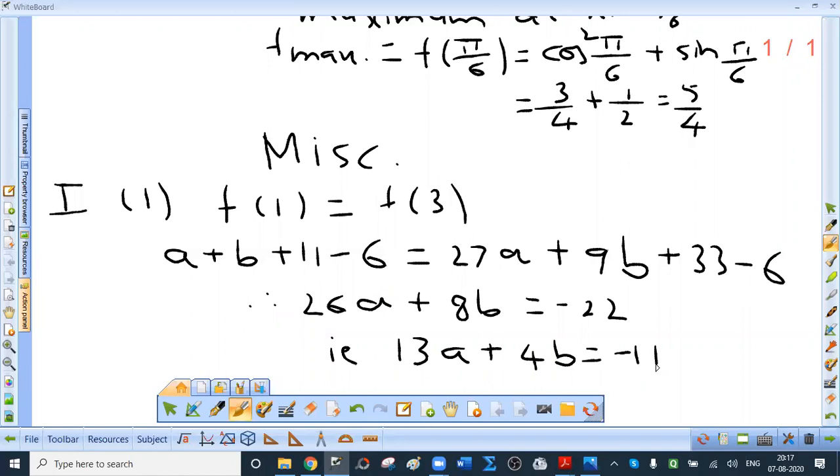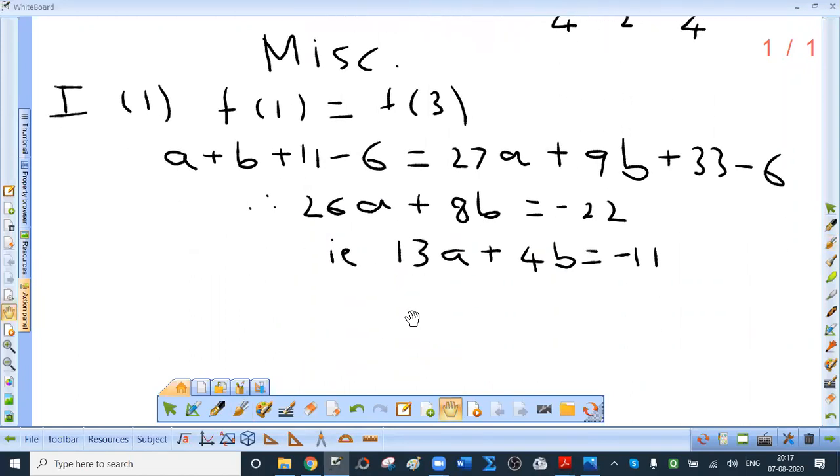Now we need not obtain second equation. Actually there are two unknowns, right? A and b. So to get their values we need two equations. But here if you check options, I think in only one option 13a plus 4b will have value minus 11. So just check the options.